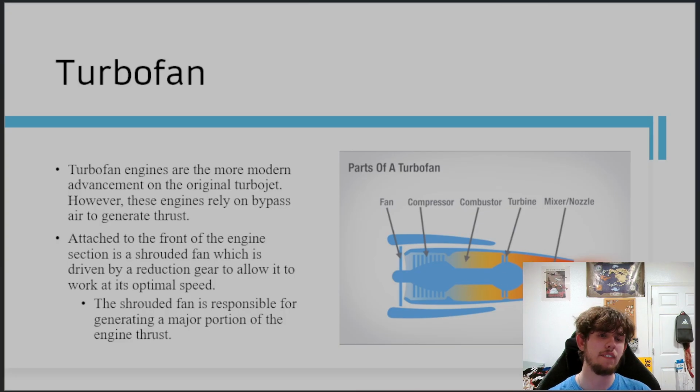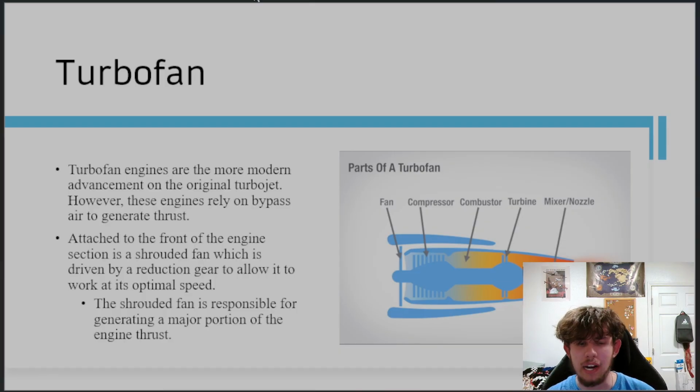However, that is shrouded in a larger engine cowling with a shrouded fan attached to the front of it. The shrouded fan, in this case, moves bypass air around the combustion section of the engine.